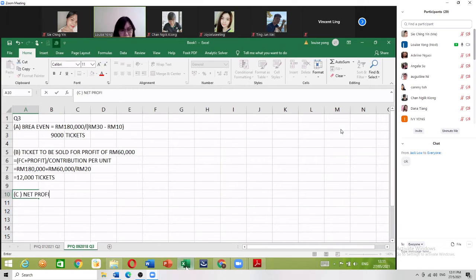Net profit equals PX minus (A plus BX). Use this.